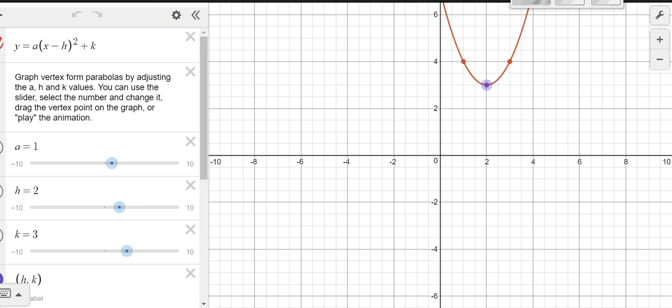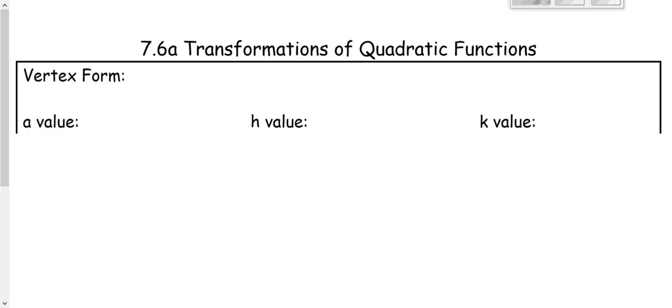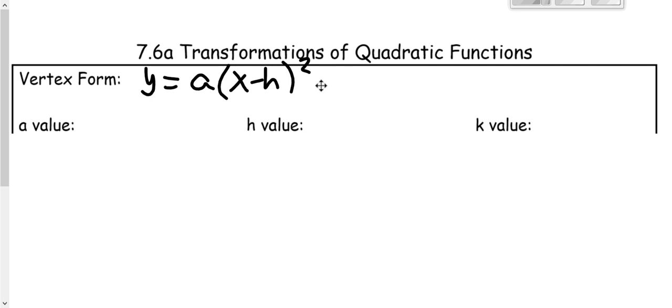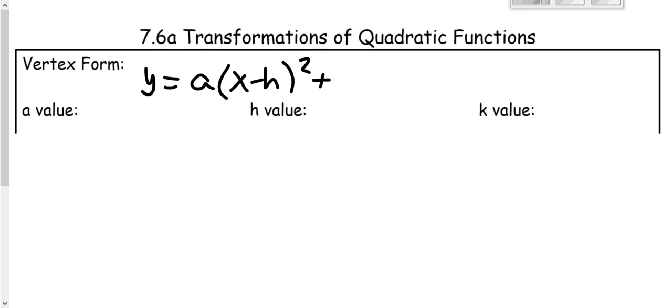So if we go to your notes, I want you to write that the vertex form of a quadratic function, so y equals, or f of x equals a(x minus h) squared plus k. Remember that your vertex, of course, was always that h and k value.